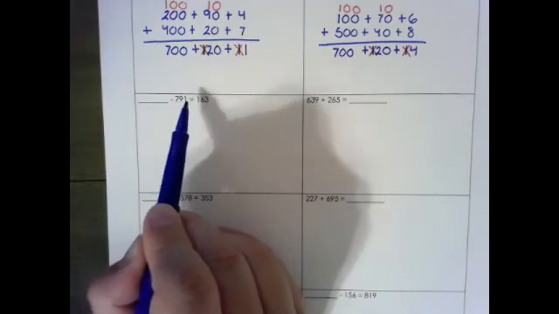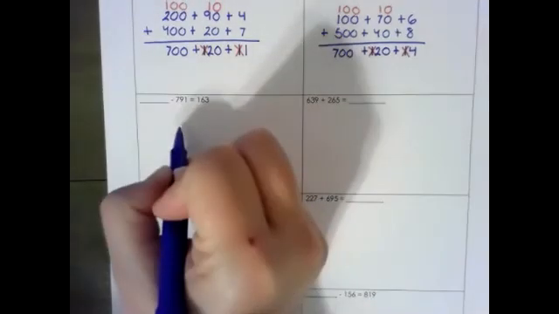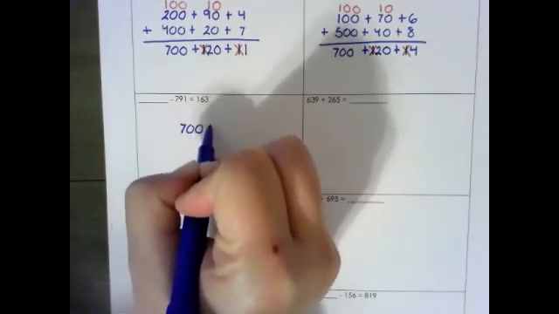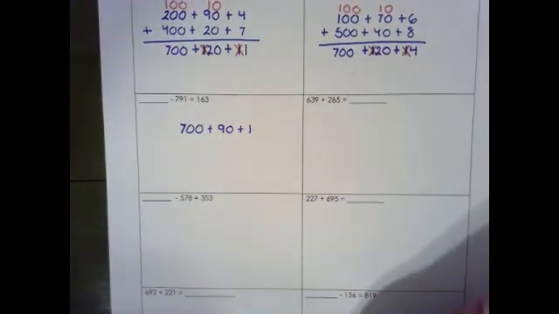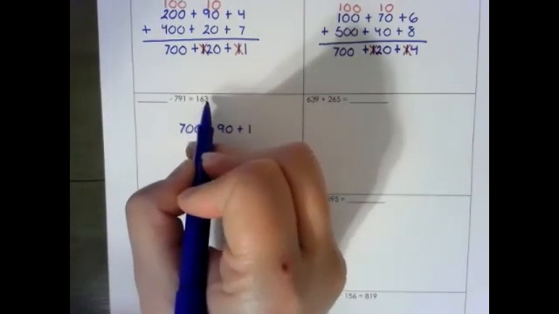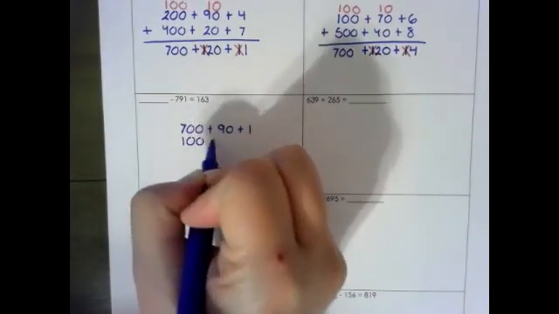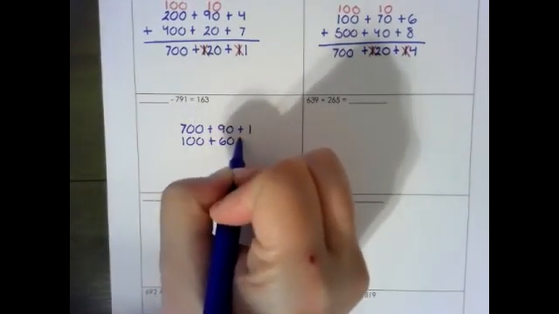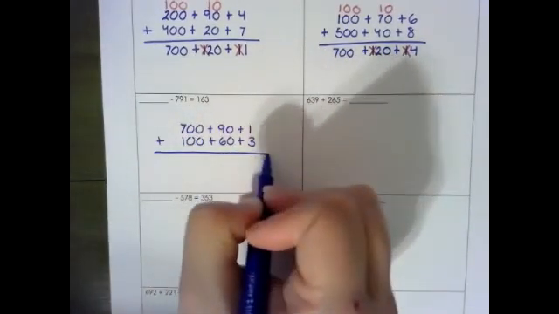Put the first number in expanded form. 700 plus 90 plus 1. Great job. Now the second part, 163. 100 plus 60 plus 3. And we're adding those numbers together.